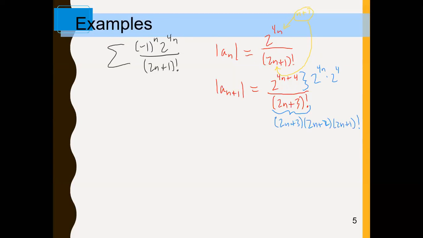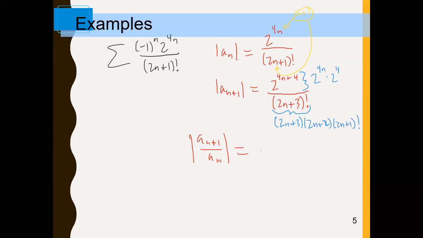So let's look at the ratio. Hey, lots of stuff is going to cancel. For instance, the 2 to the 4n's are going to cancel, right? And what else is going to cancel? (2n plus 1) factorial. Okay? So what am I going to end up with here?